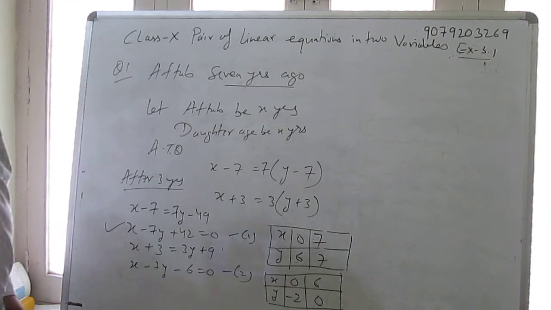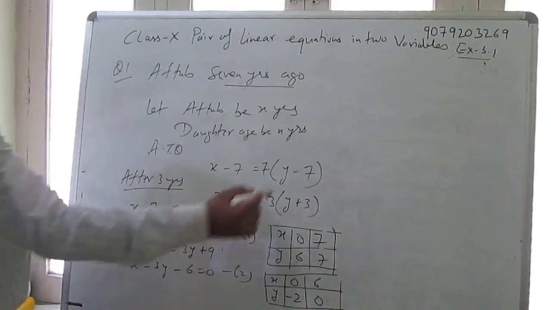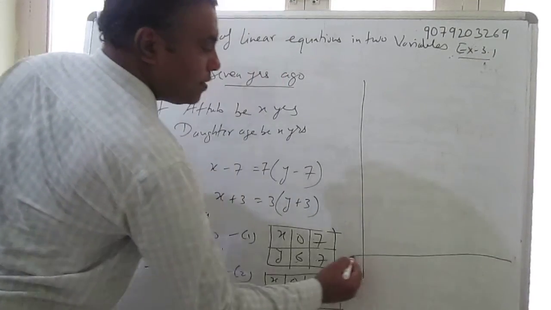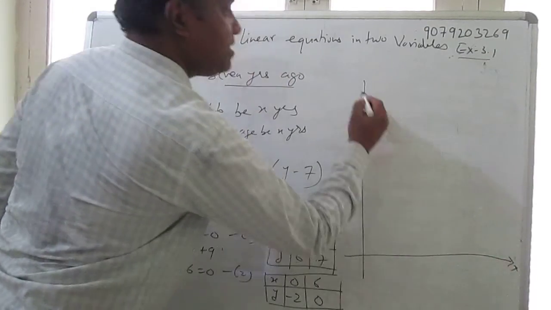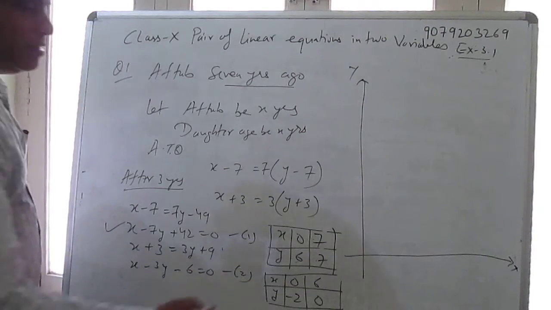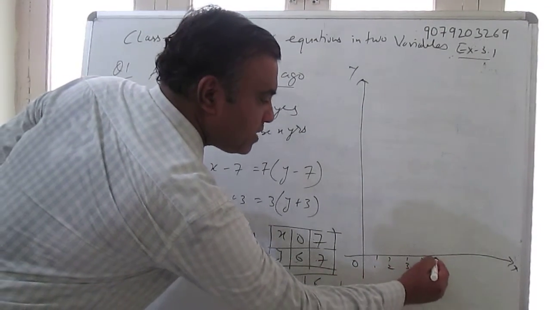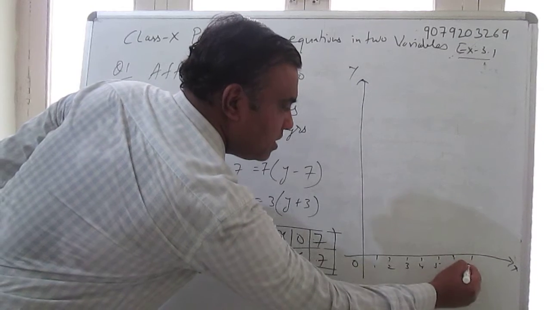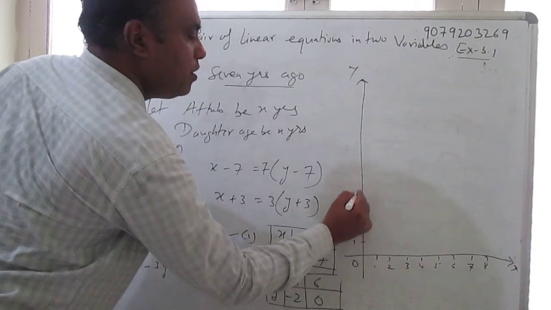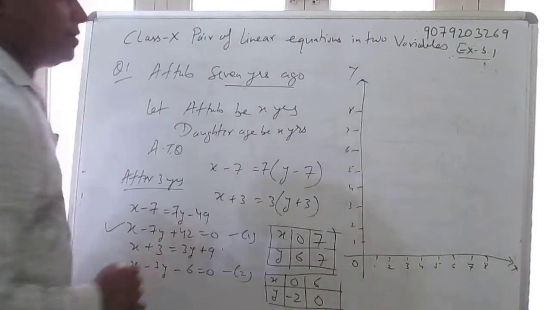So now we plot these two equations on the graph. See here, you draw on graph paper. This is the x-axis, this is the y-axis. Now the first point: 1, 2, 3, 4, 1 centimeter, 5, 6. The scale we have to decide. 1, 2, 3, 4, 5, 6, 7, 8.